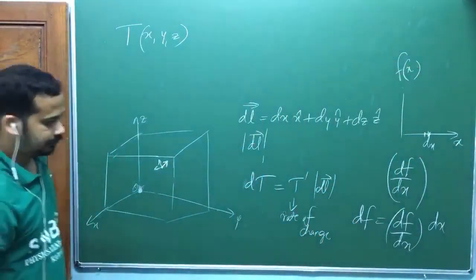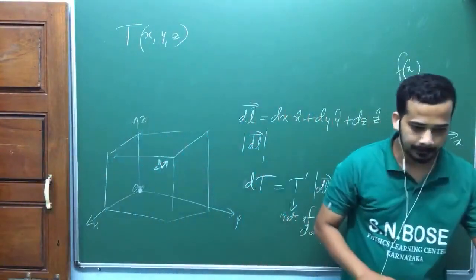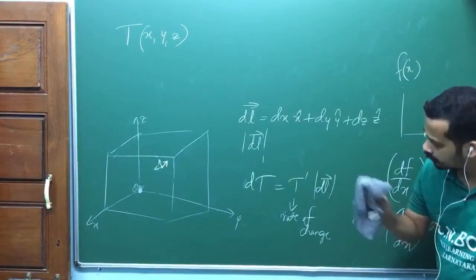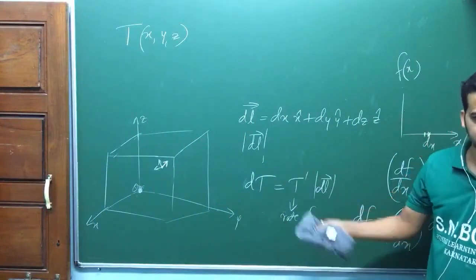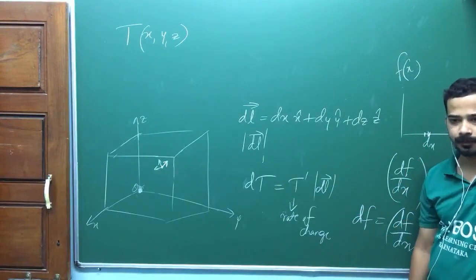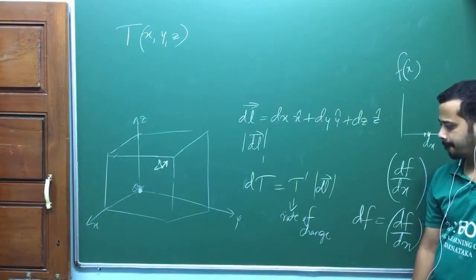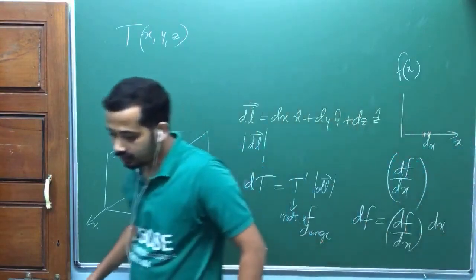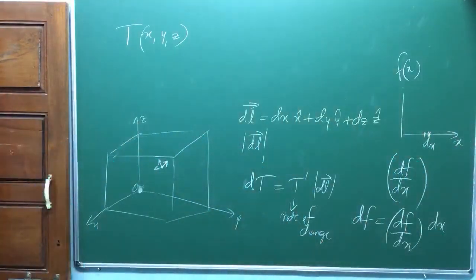Sir, that T prime is the rate of change of temperature with respect to distance only. With respect to distance, yeah. Rate of change is used with respect to time, sir. No, this is rate of change. Okay, that's a good question. Why do I use this rate of change?